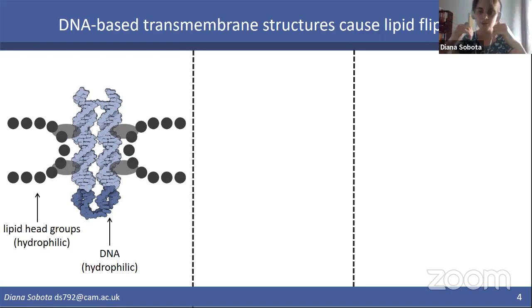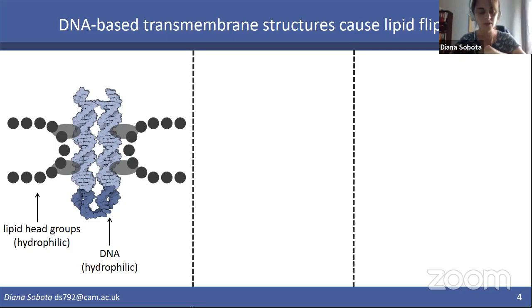So all the head groups will now form something that we call a toroidal pore. We have hydrophilic head groups facing the hydrophilic surface of DNA. Now in the pore, that gives us a hydrophilic environment. Means there will be water there probably. We'll also talk about this.